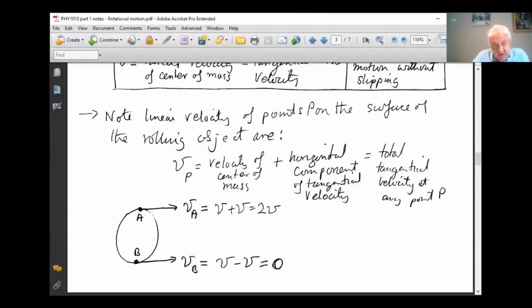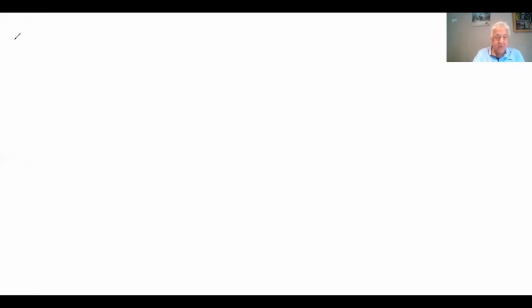Now let's look at the motion of points on the rim of the disk or on the points of the circle. I'll go to the whiteboard to show you this. Right.